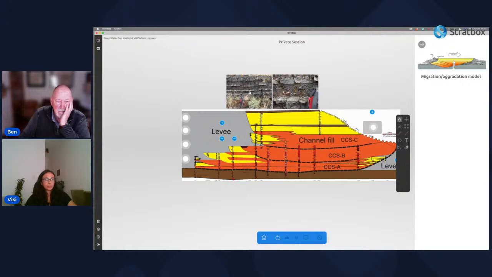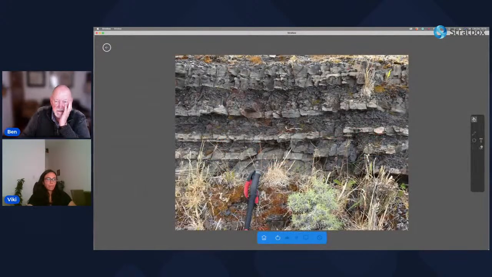Commonly, levee sediments are very regularly bedded. So the spacing between these turbidites tends to be fairly regular, and the bed thickness tends to be fairly regular, and more or less the same at any one point on the levee.